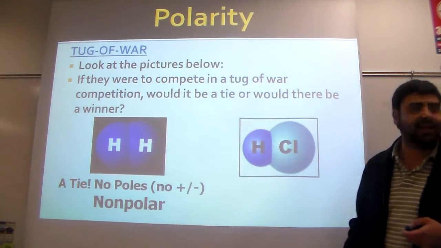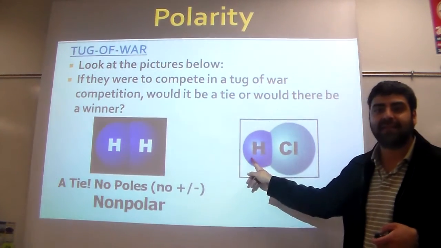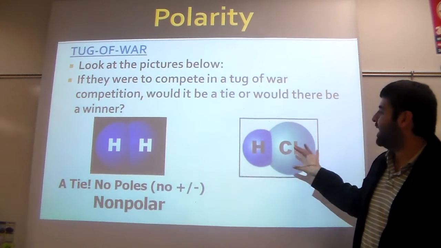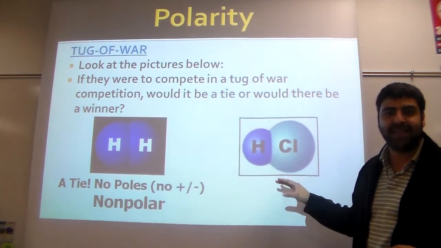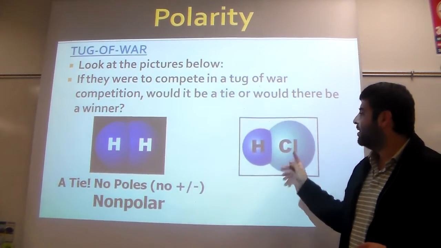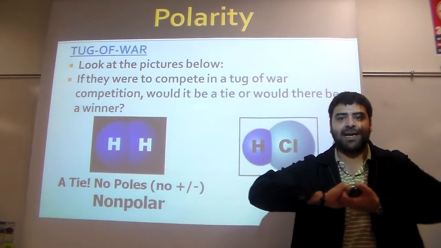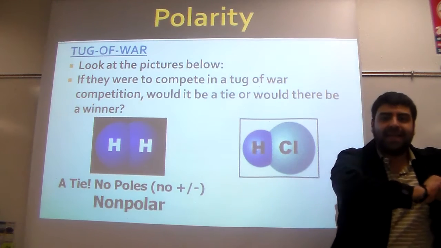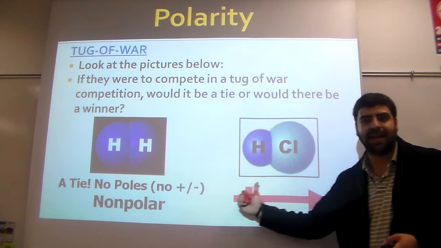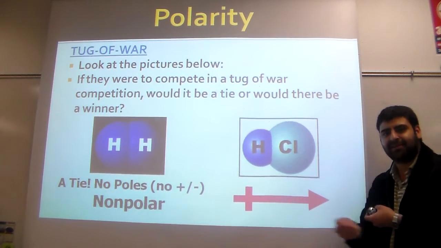There's no pull, so we call this non-polar. However, in this example over here, you can see we have not H versus H, but now H versus Cl. Even if you don't know what their electronegativity values are specifically, you know that their electronegativity values are not the same. So one of these is going to be a winner. If hydrogen and chlorine try to share electrons, one of these is going to take over more. In this case, chlorine has the greater electronegativity, so it's going to have a stronger grasp of those electrons.